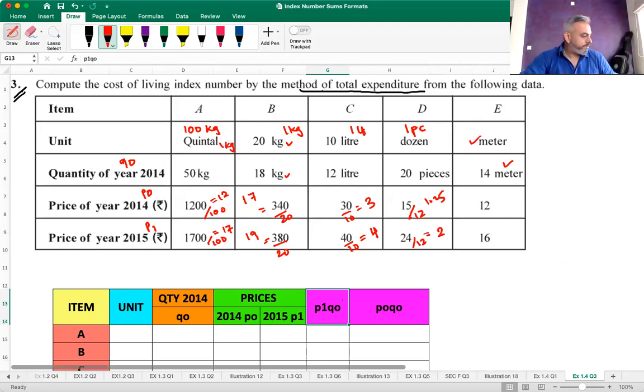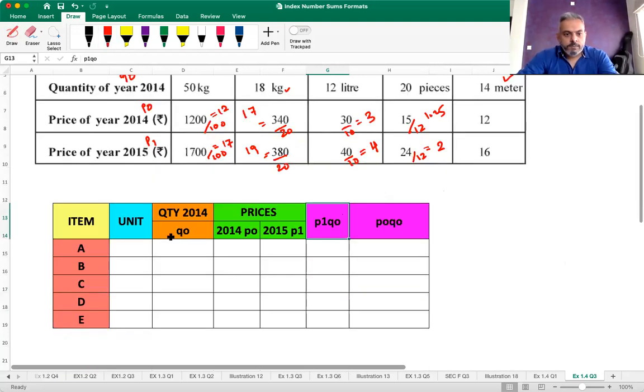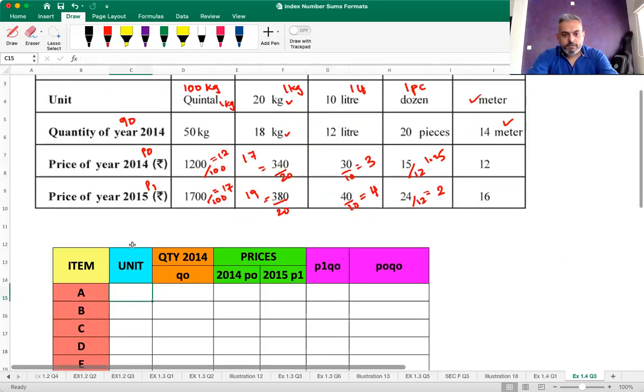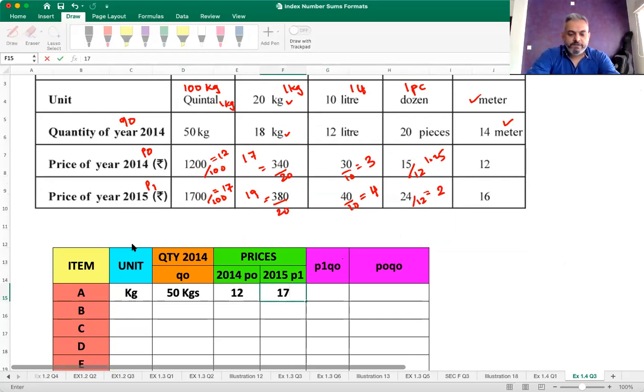Now let's go to the sum. Unit. First, kg, quantity, 50 kg. Price, 12 rupees, 17 rupees. Item B, again kg, 18 kg. Price, 17, 19.